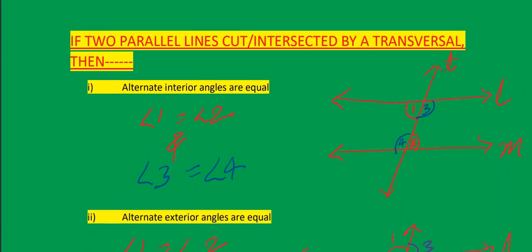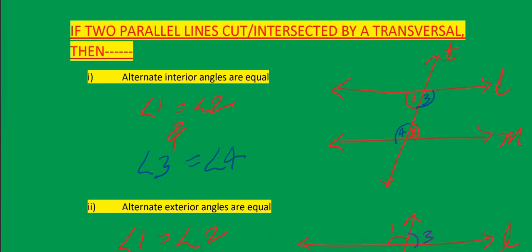Now, if two parallel lines are cut or intersected by a transversal, then so many cases are possible. So these are called properties of parallel lines and transversal. See, in this question, line L and line M are parallel and T is a transversal. So what is possible?